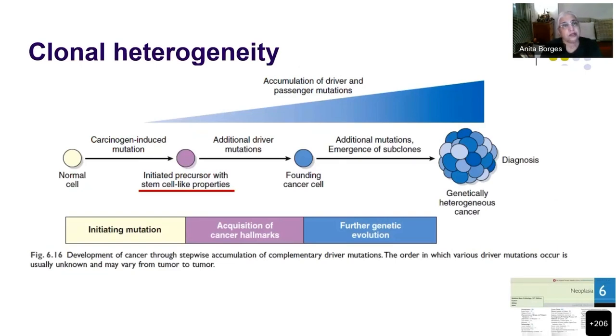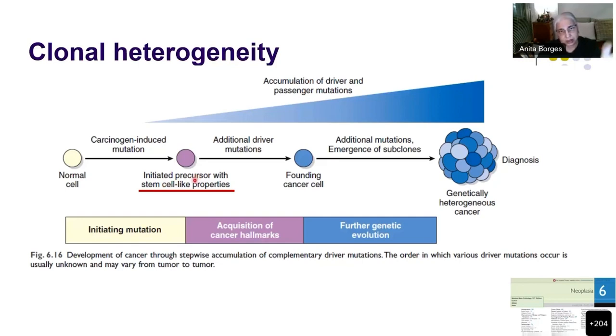All right, and this is the iconic picture where you get clonal heterogeneity. It starts as a normal cell, then there is whatever stimulus, in this case carcinogen-induced mutation, and we call that an initiated precursor cell with stem-like properties. That means this cell can now keep on responding to growth factors and being uninfluenced by tumor suppressor genes.